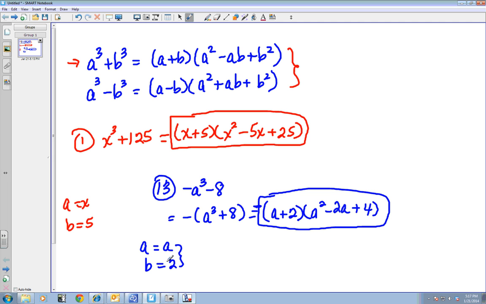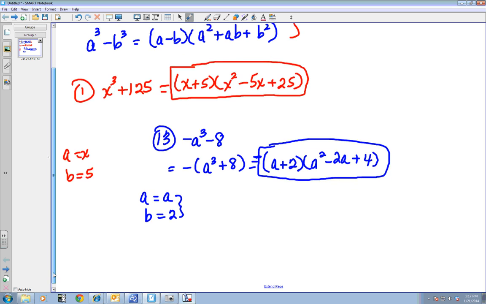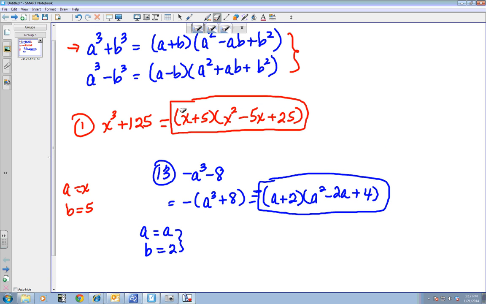Okay, so what if you have a number in front? Let me pick one out here. This isn't one of your homework problems, but let's do number 16 just so you can see what that looks like.